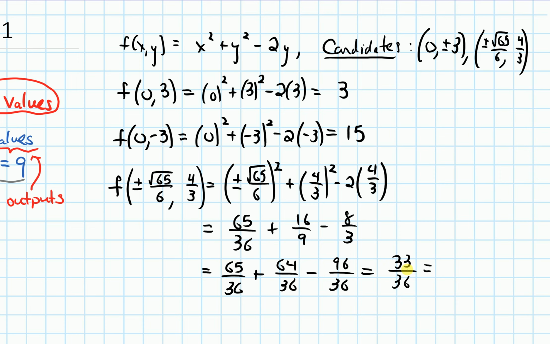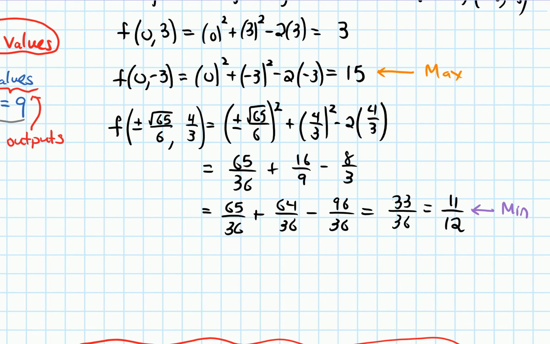I could divide the top and the bottom by 3 to get 11 over 12. Alrighty, so we've plugged in all of our critical points, and the largest value that we were getting out was 15. That was our biggest output. So this is our max. And the smallest output that we were getting was the 11 over 12. So that is our min.